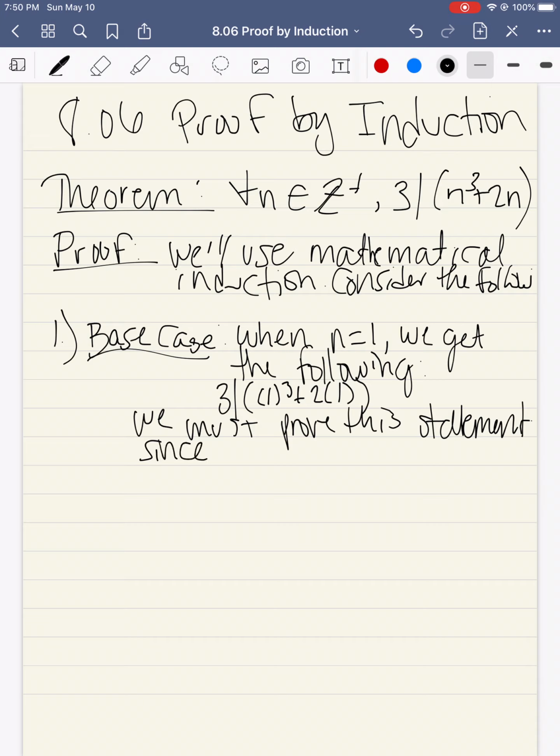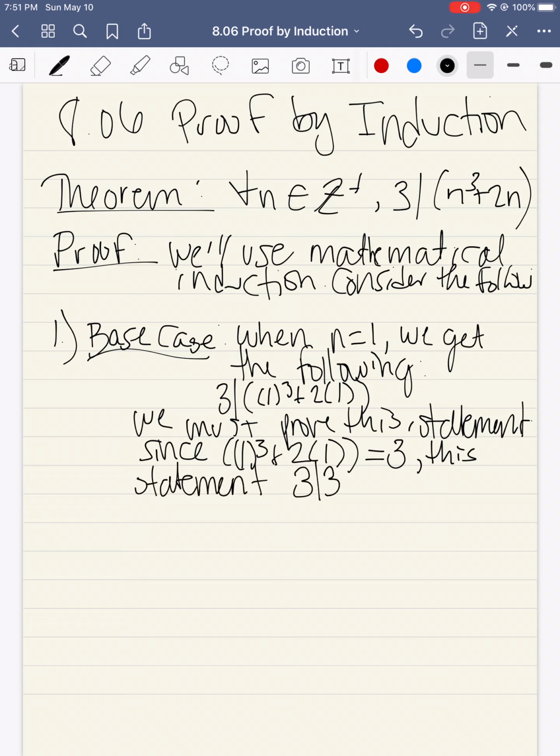Since the quantity 1 cubed plus 2 times 1 is equal to 3, this statement, 3 divides 3, is true, since 3 is a divisor of 3.